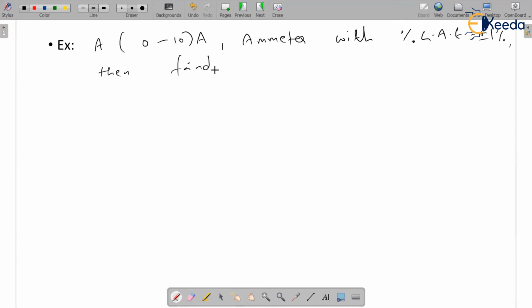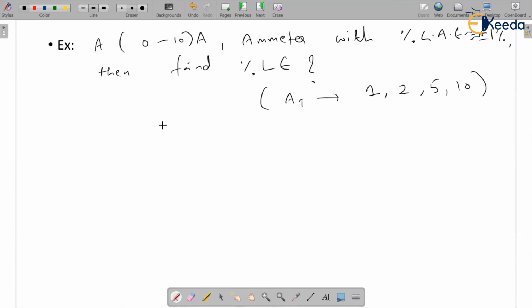Then find the percentage limiting error. Let's take true values as 1, 2, 5, 10, all in amperes.